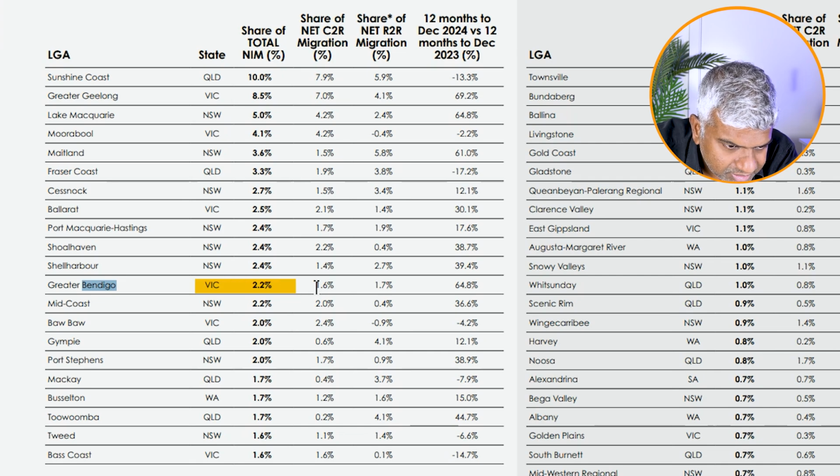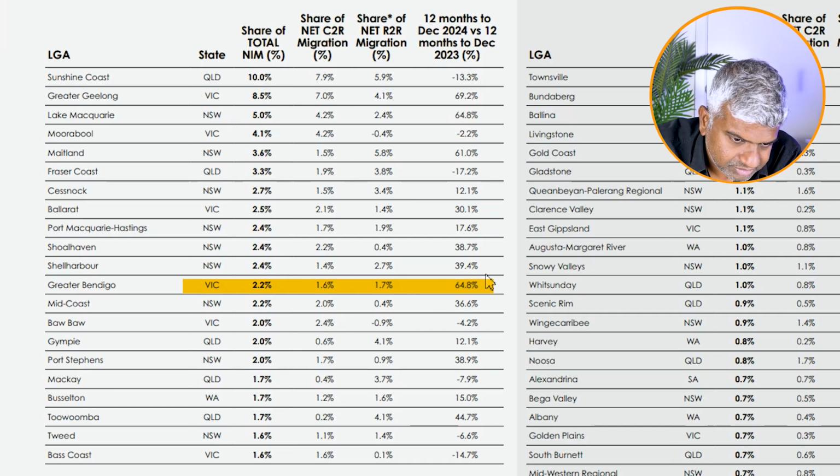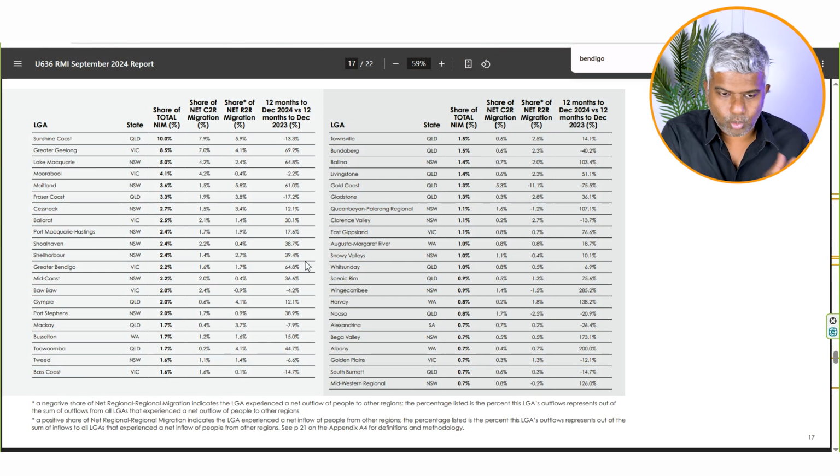Share of capital city to regional migration is 1.6%. Share of regional to regional migration is 1.7%. And the change over the last months, 24 to 23, the increase was 64.8%. So definitely a positive indicator. It shows that there is net interstate migration to Bendigo and that's increasing.